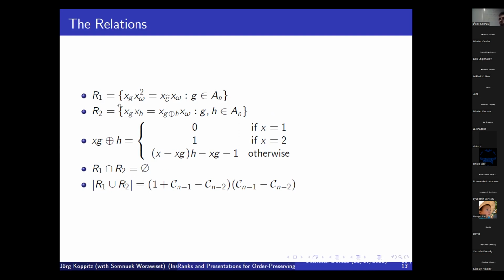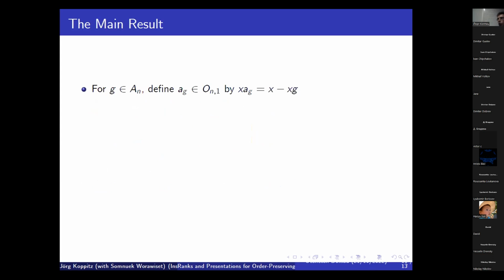We have to add the number of these relations and the number of these relations, and then we can use the knowledge about the cardinality of AN, what I showed before, and then by some calculations we get this one: the cardinality of the set of relations R1 union R2, and it is the product of both sums or differences of Catalan numbers. So, okay.